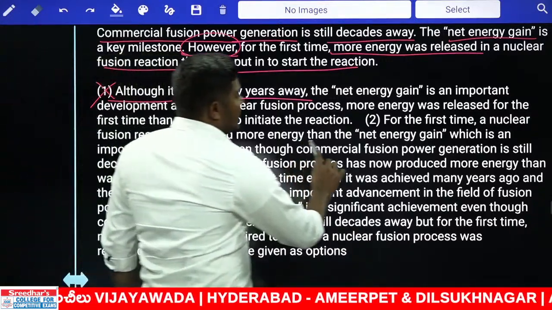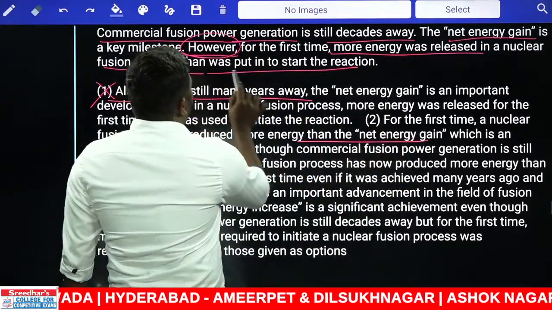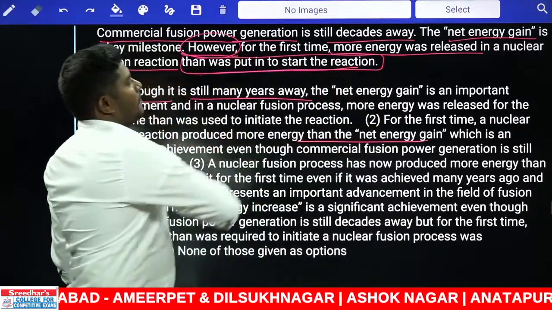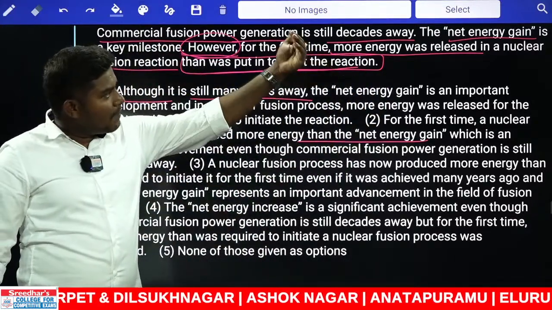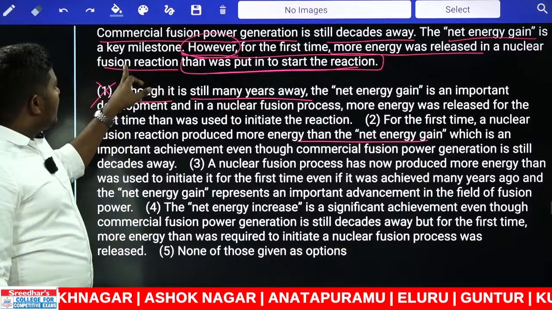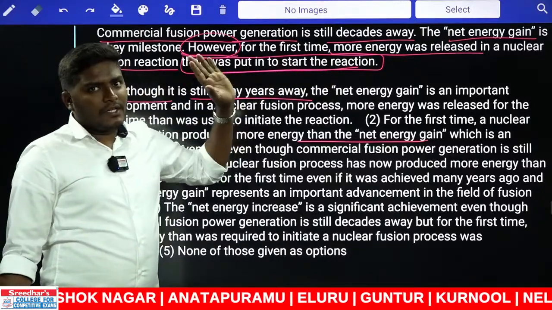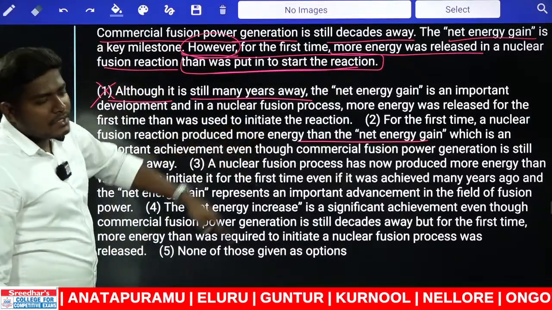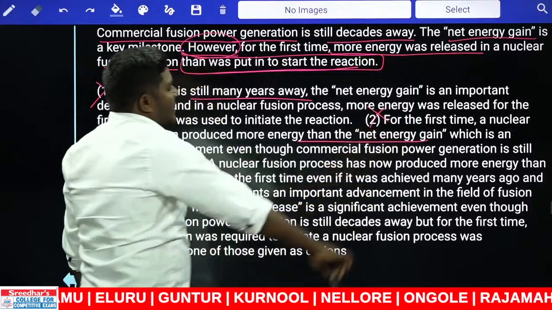Then the net energy gain? No. The comparison is with the starting of the reaction, but not the net energy gain. Net energy gain is completely different. The comparison is between the fusion reaction and the start of the reaction, but here the comparison is completely different. Second one is out.